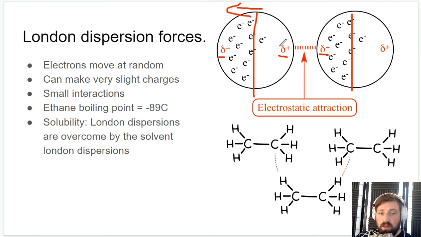And this positive charge is going to be attracted to the original negative charge. And this comes about just because electrons are randomly moving around. Eventually, they're going to start to attract to one another.